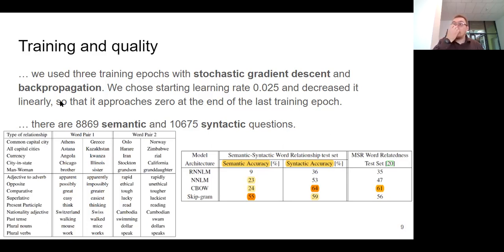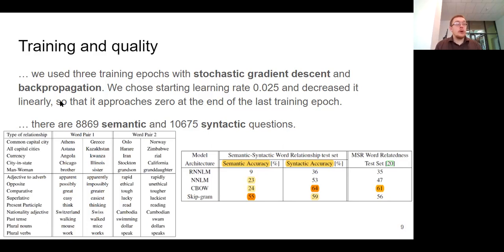And actually, this model was trained on data sets which were, first of all, Google inspired. So they all came from the same company. And these data sets were designed to solve the problem of semantic and syntactic questions.